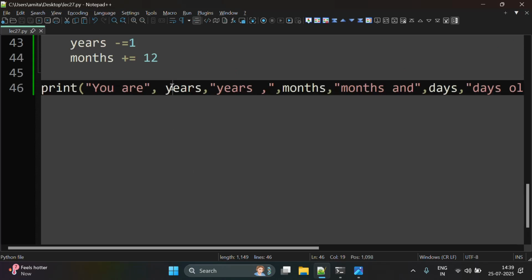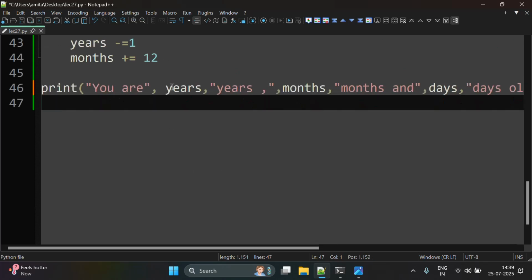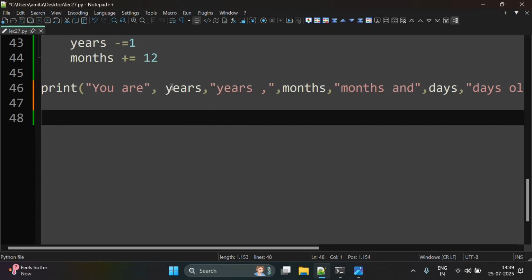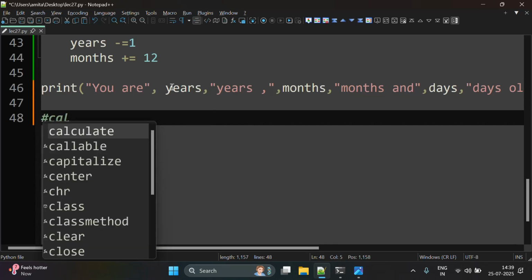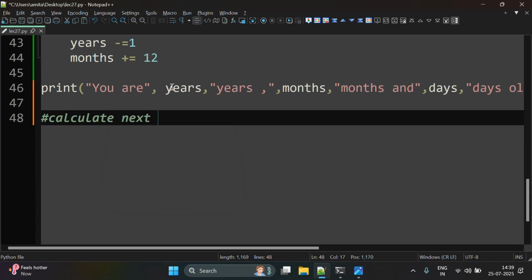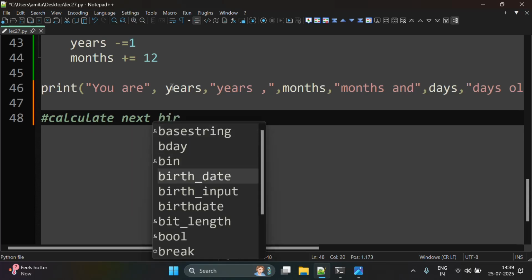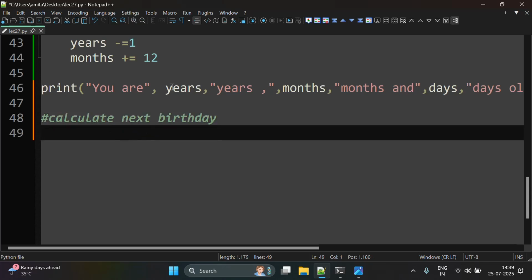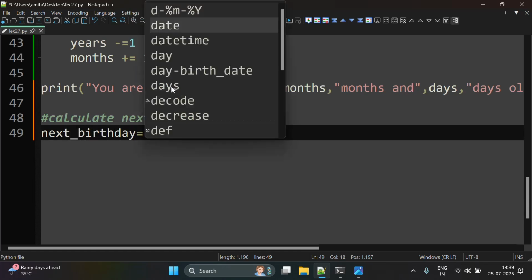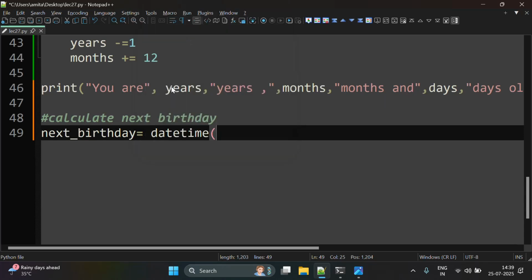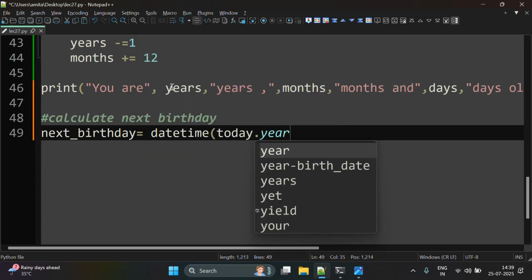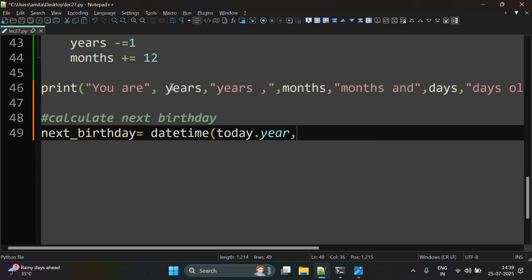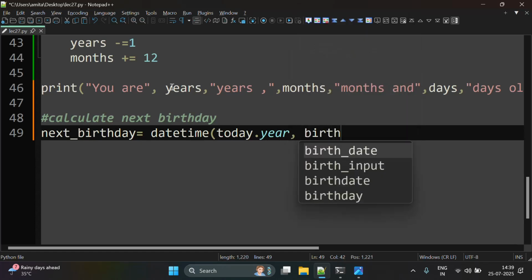Okay, so let us go to the other part of the program, which is to calculate the next birthday. To calculate the next birthday, first we will write next birthday is equal to datetime today dot year, then birth date.